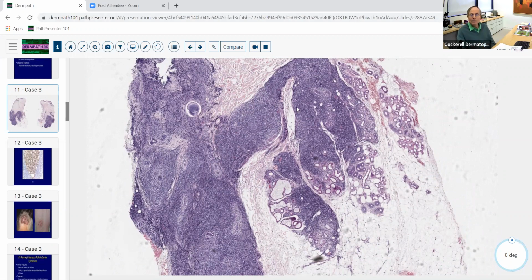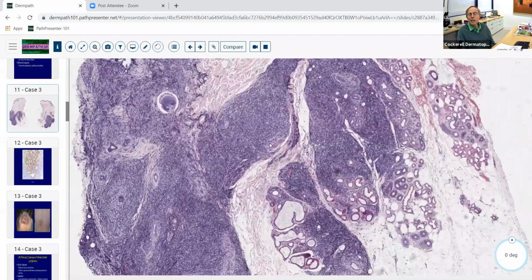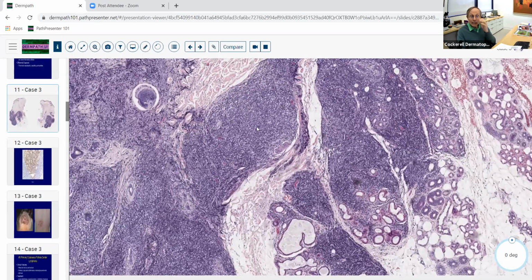At higher magnification, you can see that it's got these clear areas, and those are going to be comprised of follicle center cells. And notice over here, normally if you have a normal lymphoid follicle, you've got the central follicle center with the benign lymphocytes at the periphery.